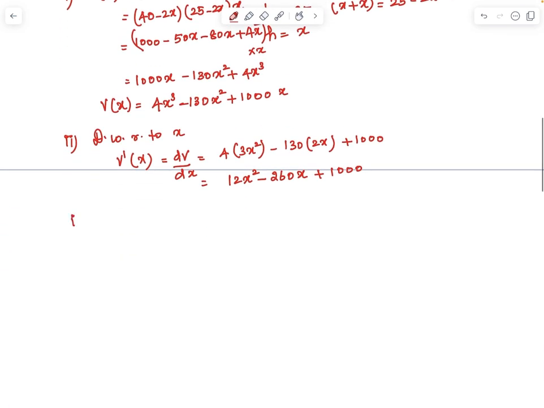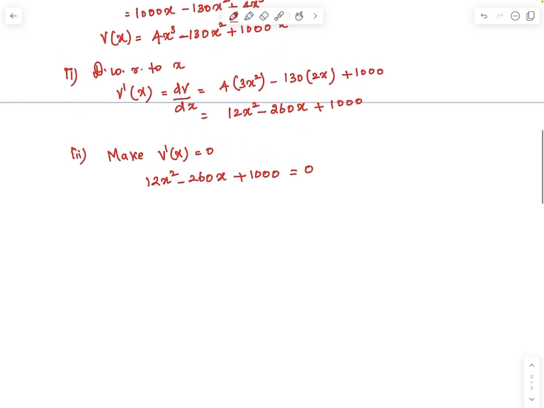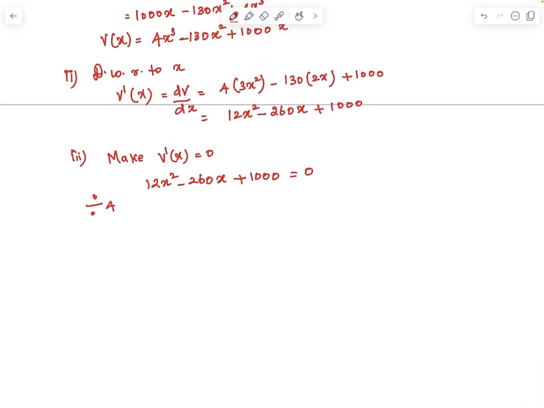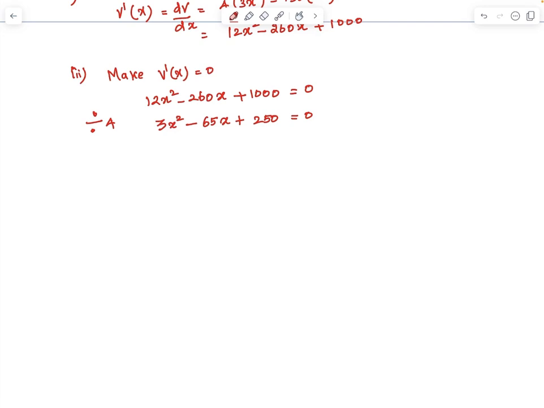So to get this, we have to make this V dash of x equal to 0. 12x square minus 260x plus 1000 is equal to 0. And dividing this by 4, 3x square minus 65x plus 250 is equal to 0.